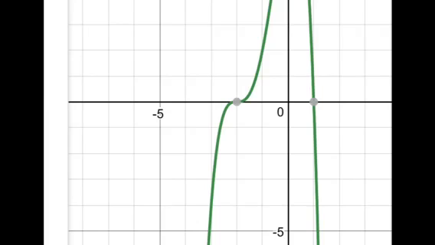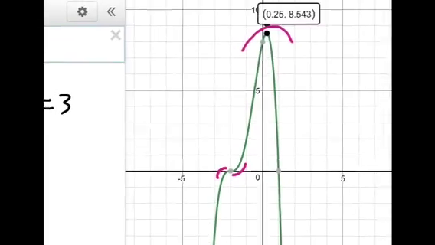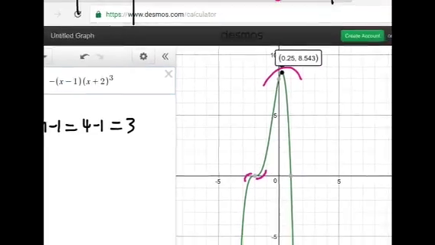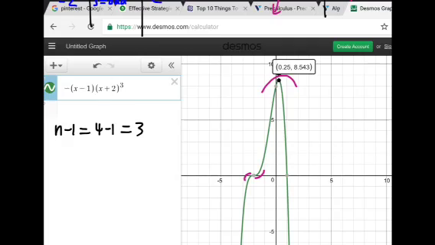This is considered one turning point, and then it stops there, kind of like the cubic function, and then it changes direction. So that's 2 right there. So that's 2 there and 1 up there, so that gives you 3.